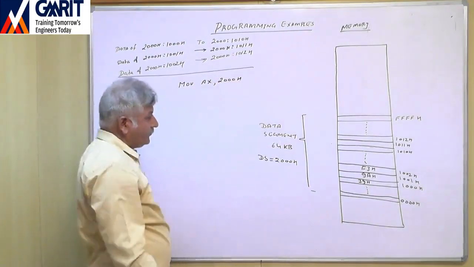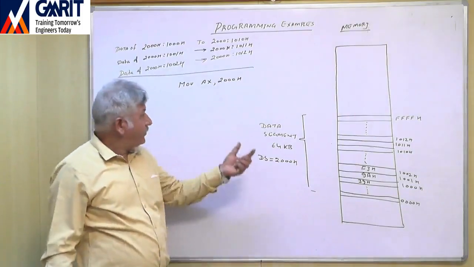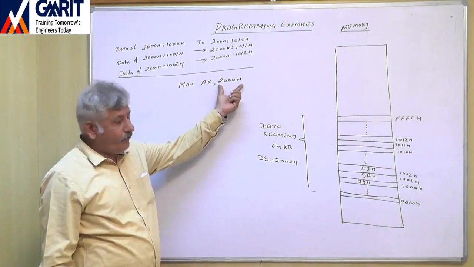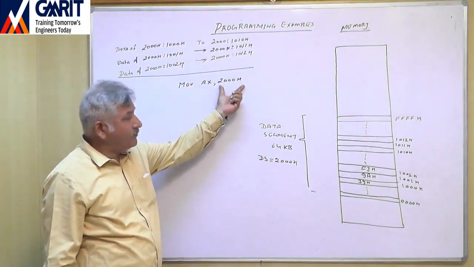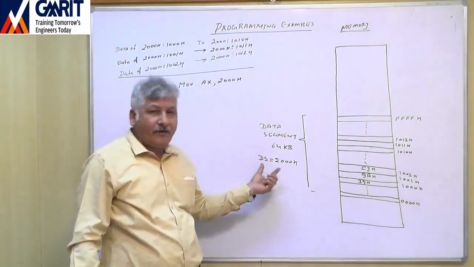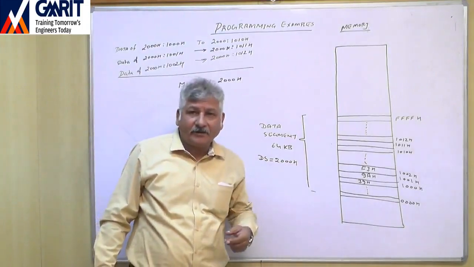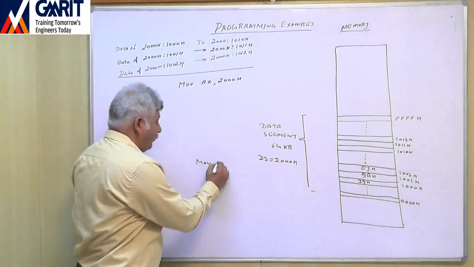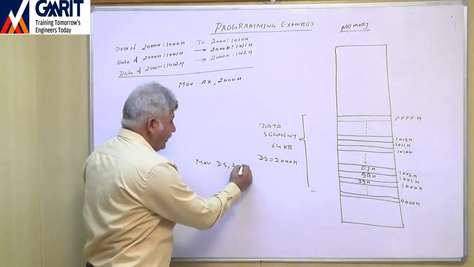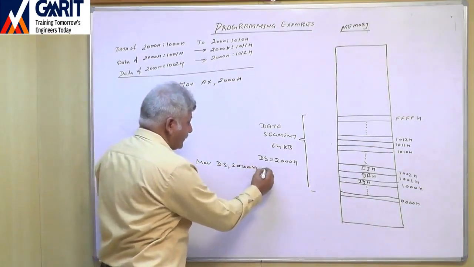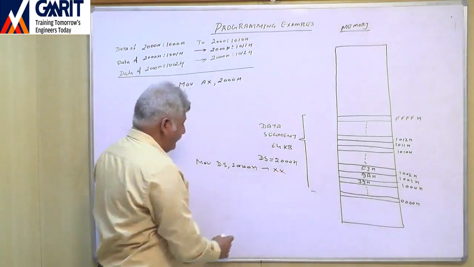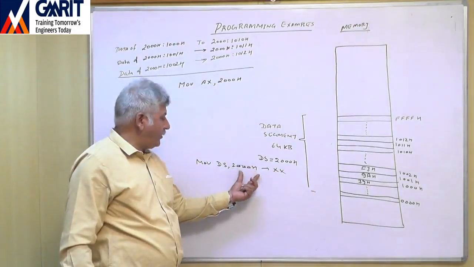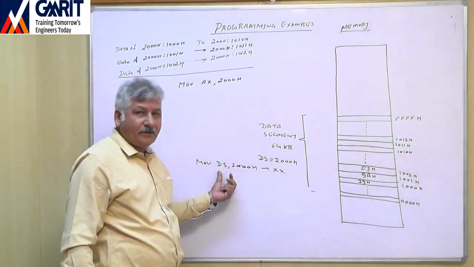2000H, which is the 16-bit value which we have to load in the data segment register to initialize our data segment register. Since we cannot write the instruction MOV DS, 2000H, this instruction is invalid because immediate value we cannot write in any segment register.